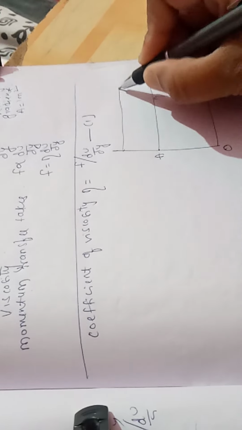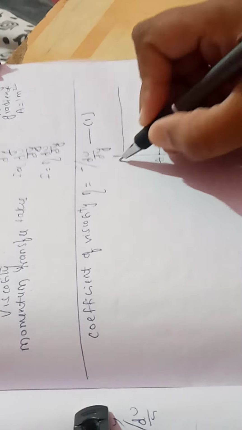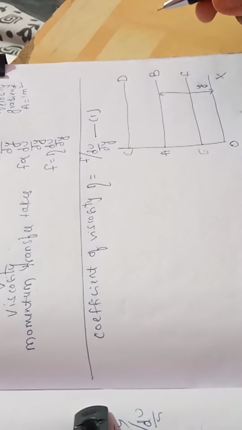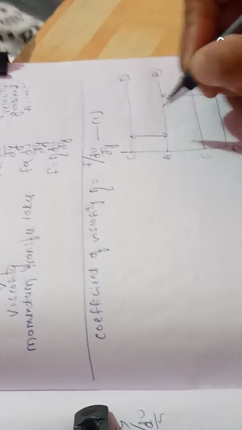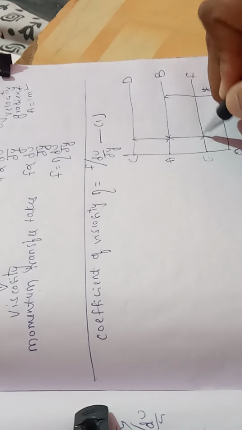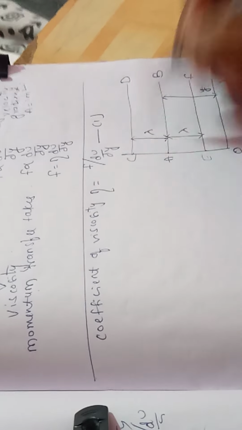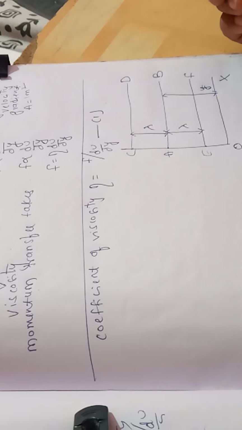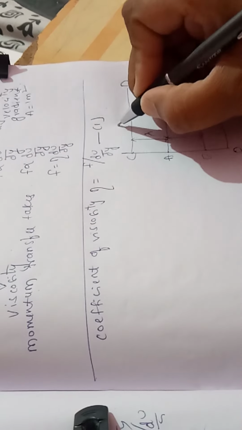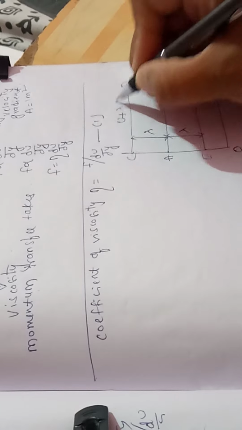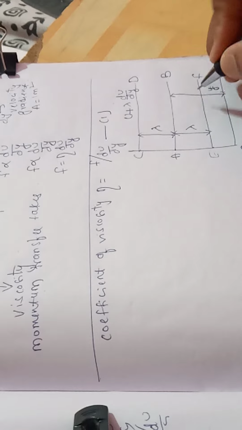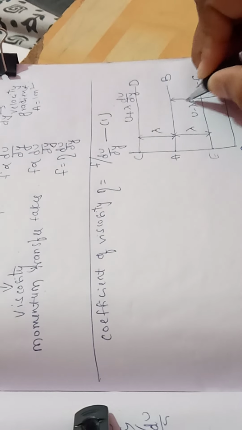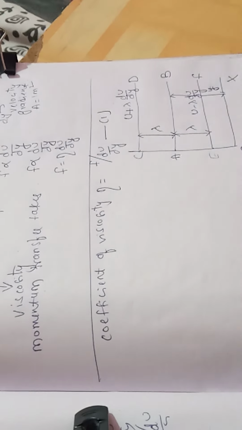I am considering a layer CD above AB, and another layer EF below AB. These layers CD as well as EF are at a distance lambda from AB. So the velocity in the CD layer becomes u plus lambda du by dy. The velocity in the EF layer becomes u minus lambda du by dy.